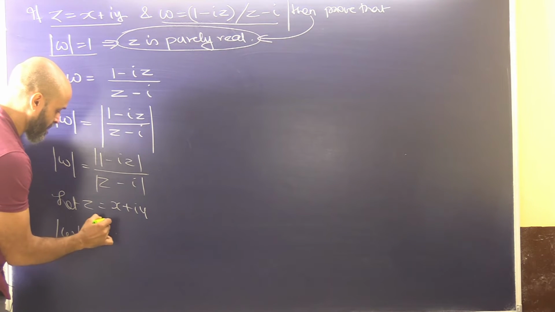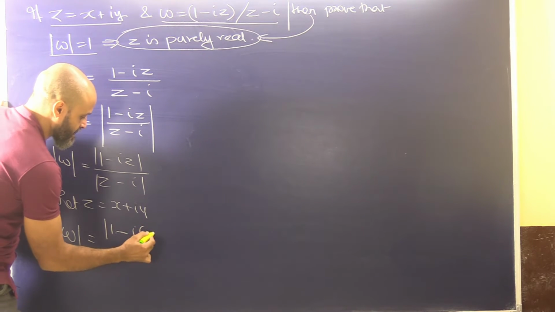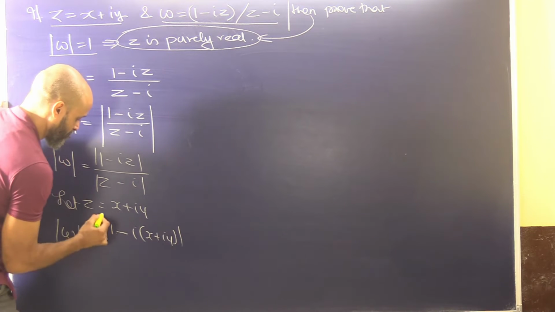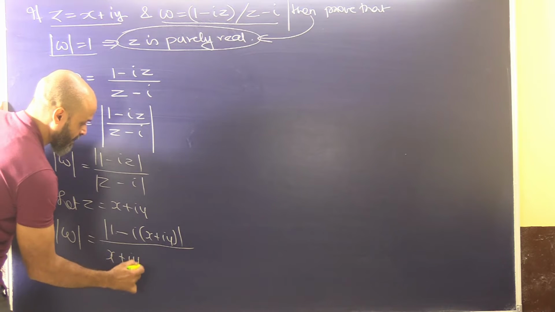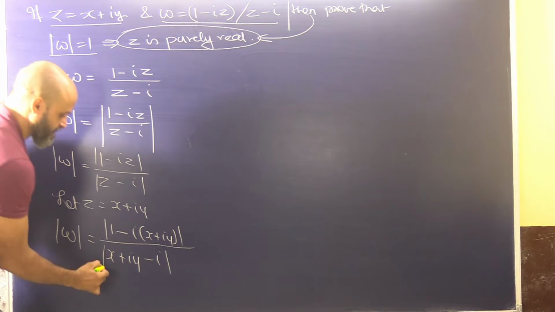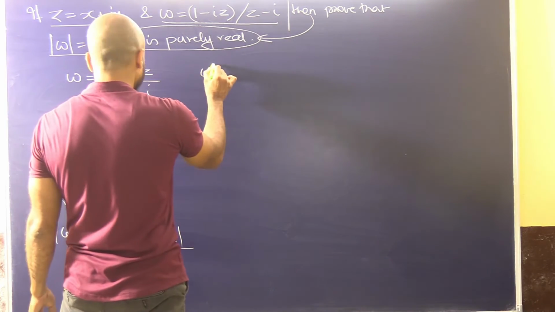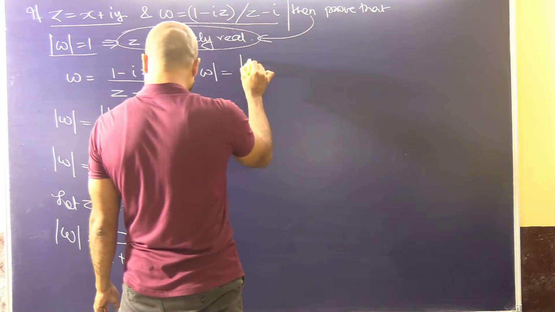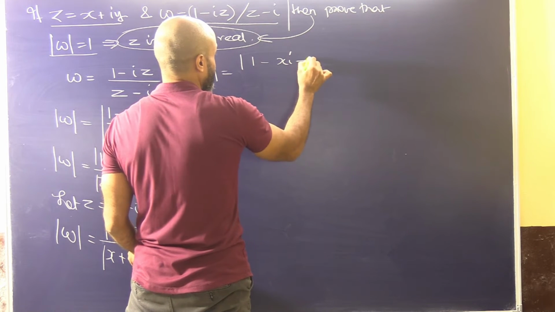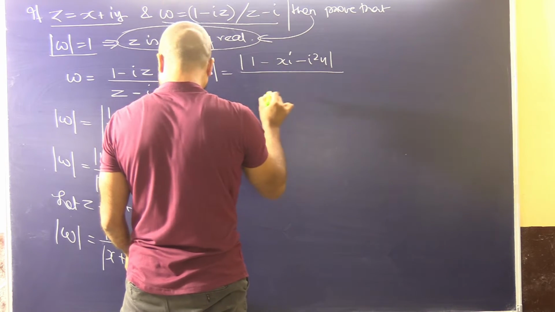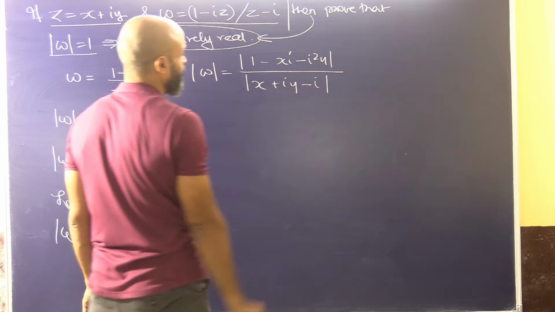Mod of w is equal to mod of 1 minus i times (x plus iy) upon (x plus iy minus i). So this mod of w will be equal to 1 minus xi minus i square y upon x plus iy minus i.